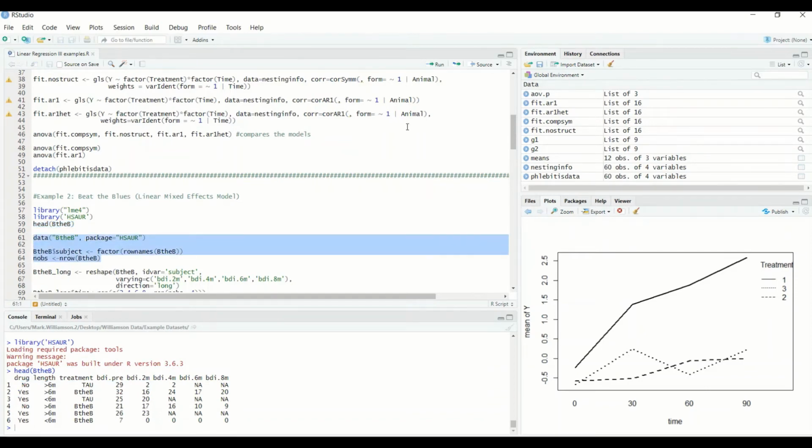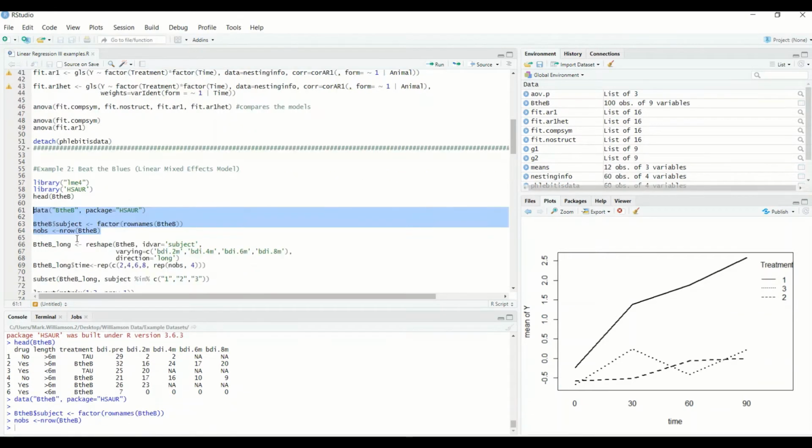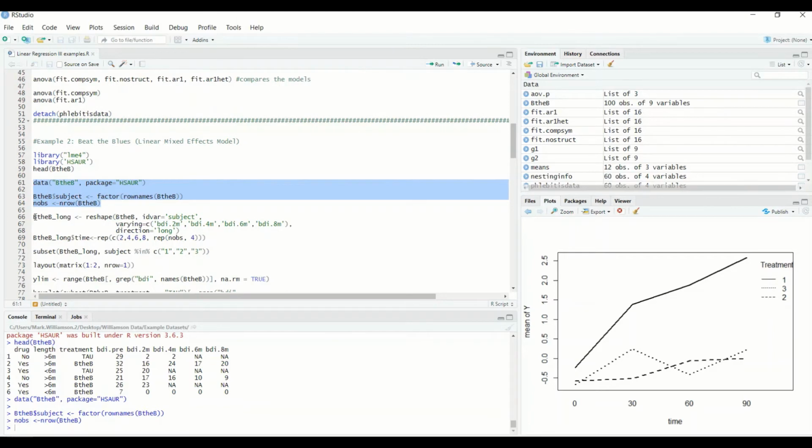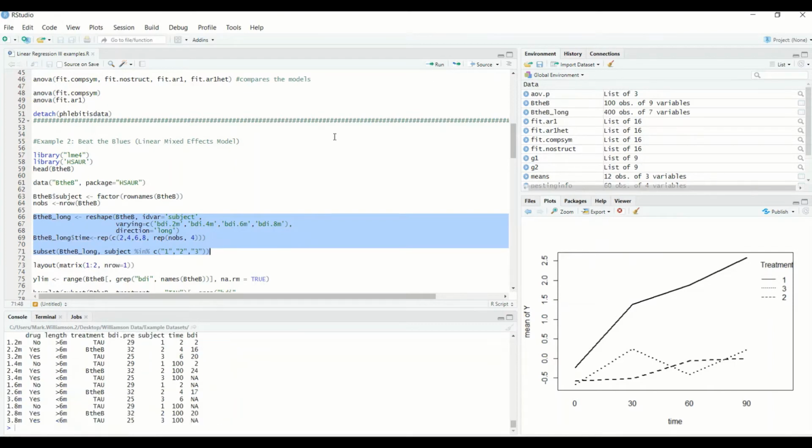And we're going to do some stuff here just to reformat it a little bit. We actually want to turn it into a long data set. After we do that, we can see that we have it long. So there's the pre-value, but then there's the subject, and now the BDI is long instead of wide, across time.